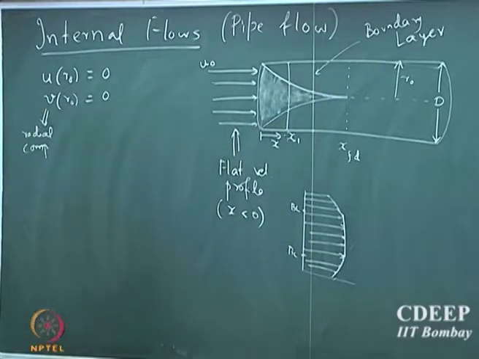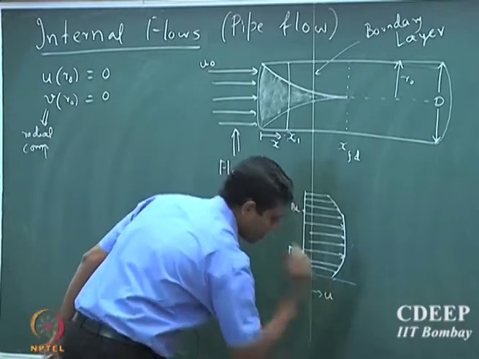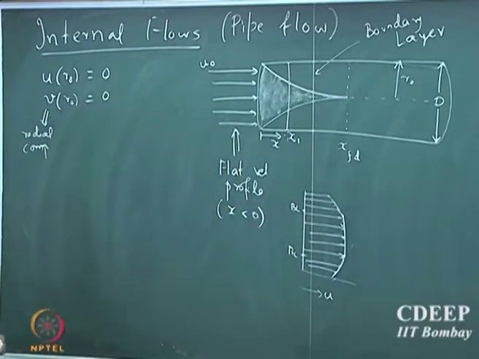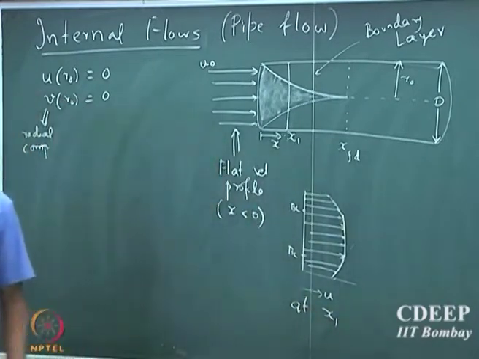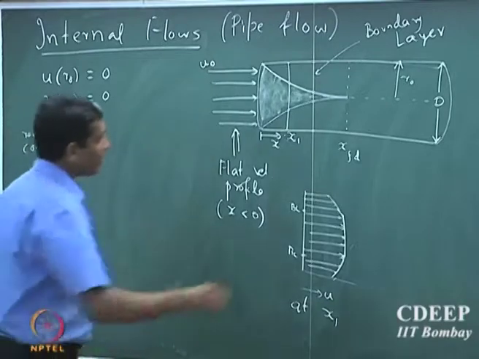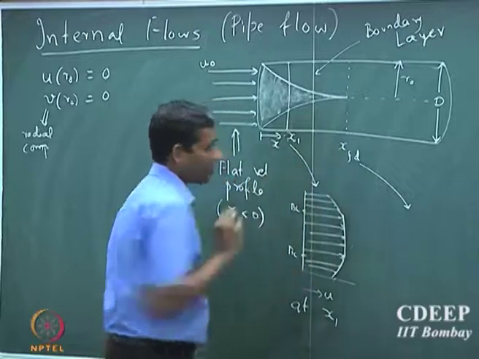And so you will have a velocity profile which looks like this in the x direction. So this is the x component velocity profile at the x1 location.